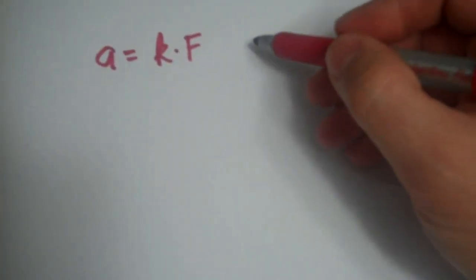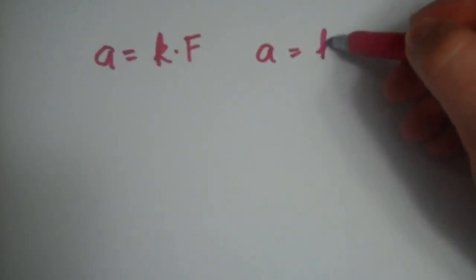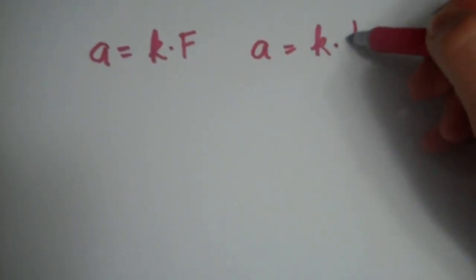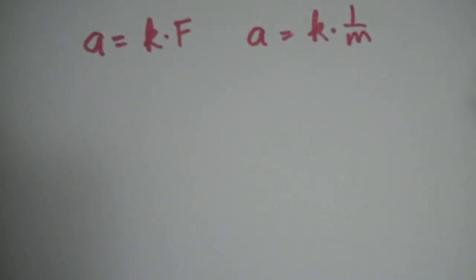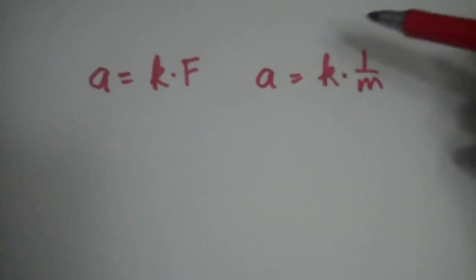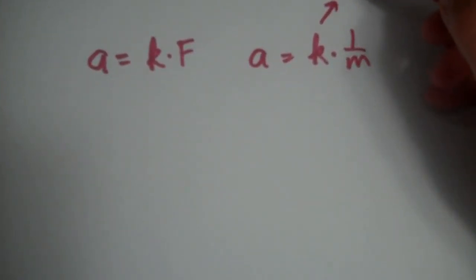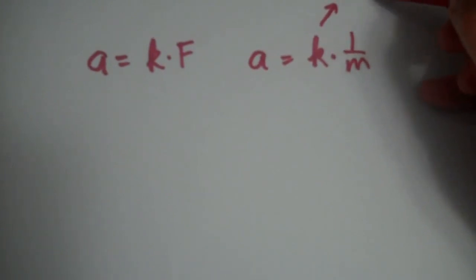And then the second one that we had was acceleration equals some other constant times 1 over the mass. And if you looked at our data, we were seeing that this had some correlation with the force that we kept constant in this experiment. Force was constant.